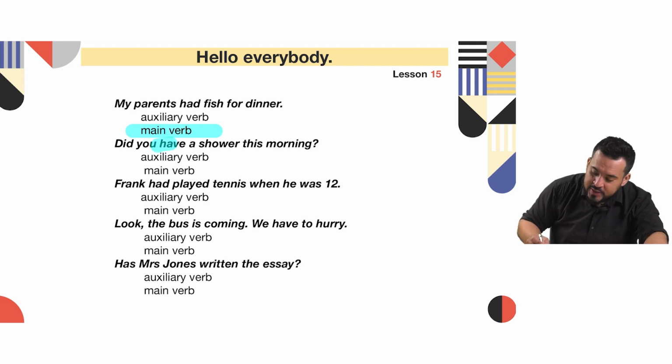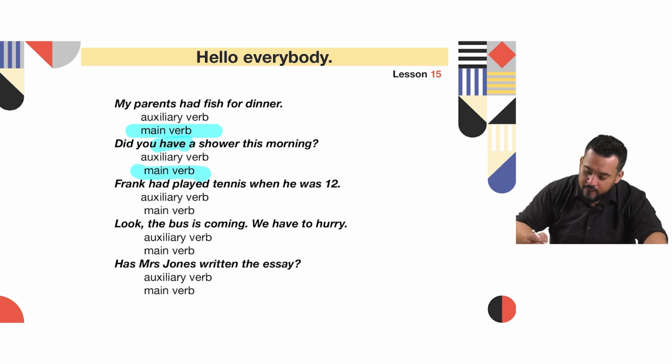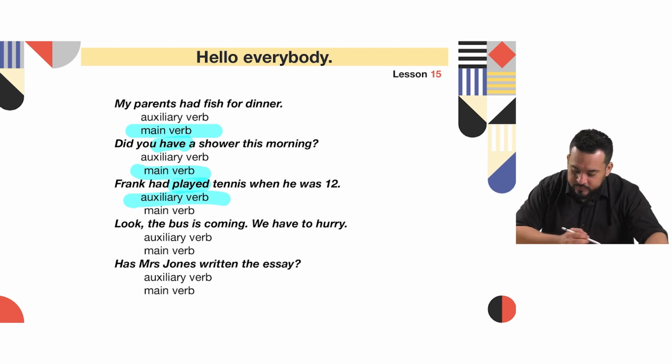Again, it is a main verb. Why? Because there are no other verbs. Frank had played tennis when he was 12. Auxiliary, because the main verb here is played.